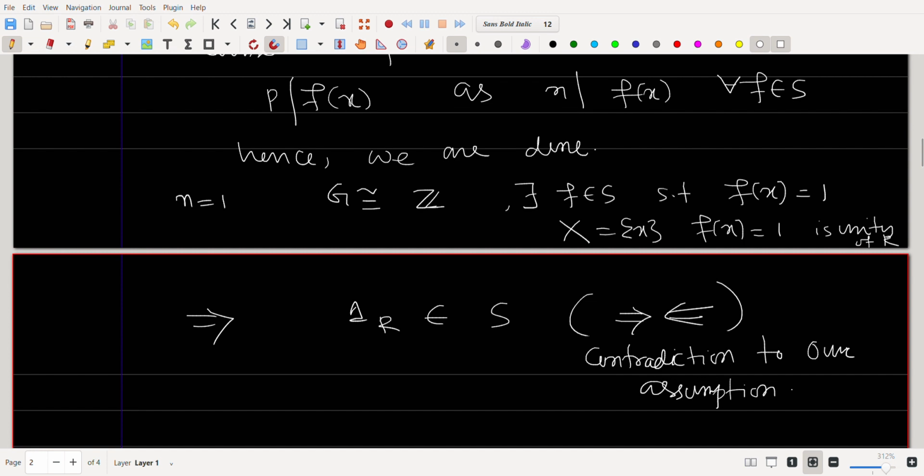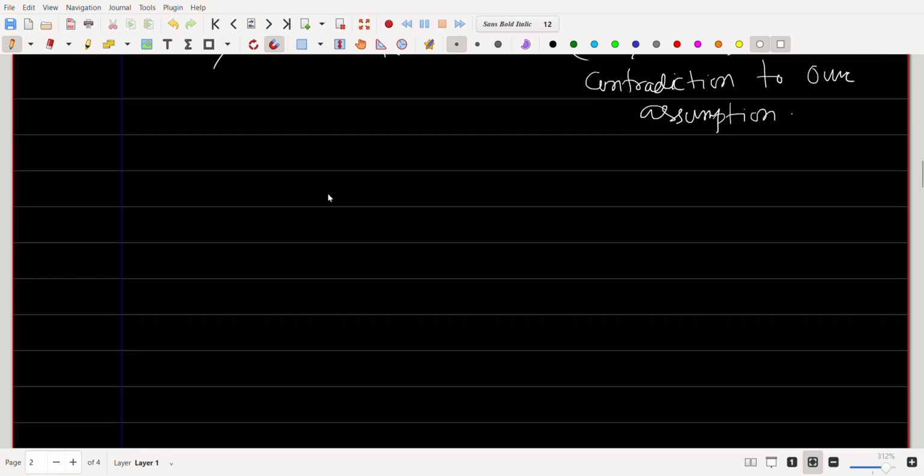Now we will use the induction, which is simple. So let the cardinality of X be n.